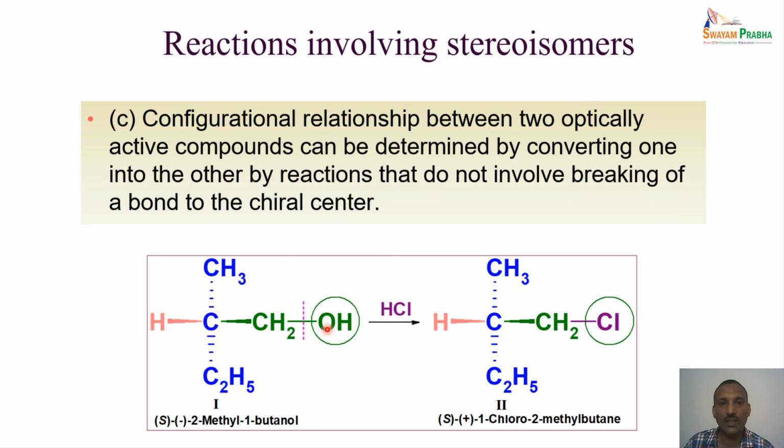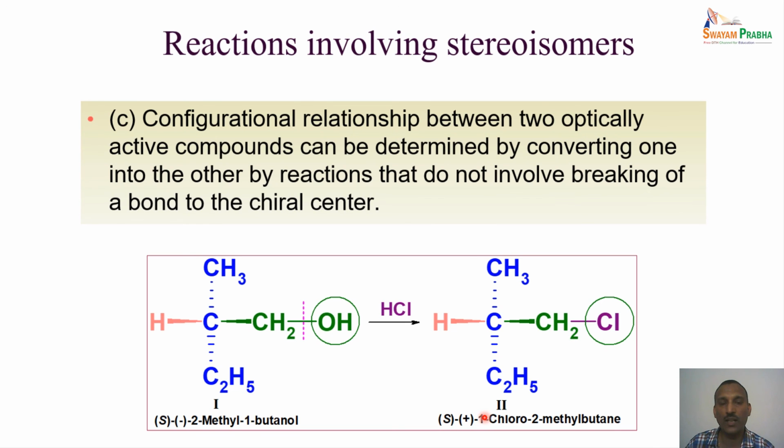Of course, in this particular case, the hydroxyl in the starting material has the highest priority. Chlorine also has the highest priority. So if it is an S isomer, we will still have the same S isomer. It will not change. But now you observe here, this starting material has a negative optical rotation, whereas the product has a positive optical rotation.